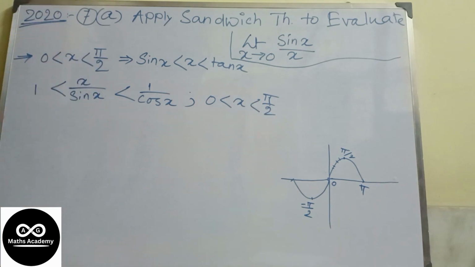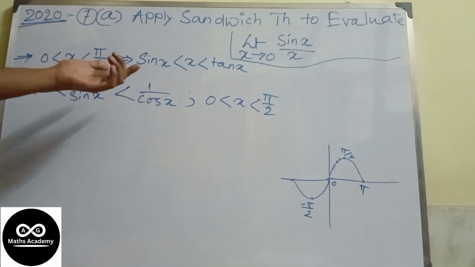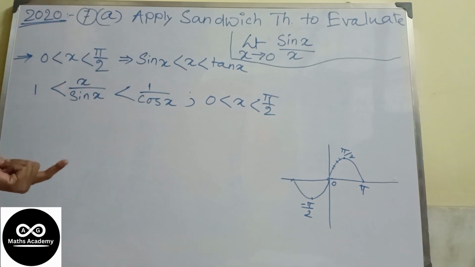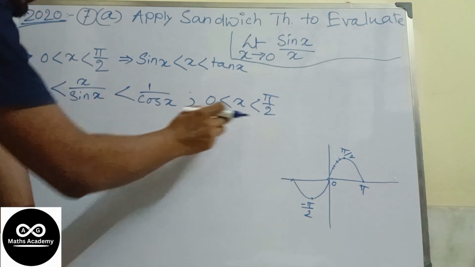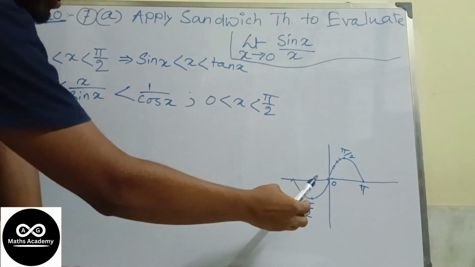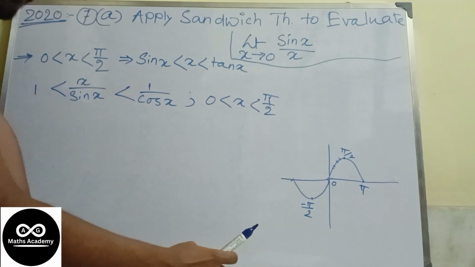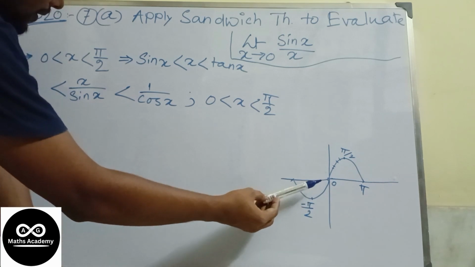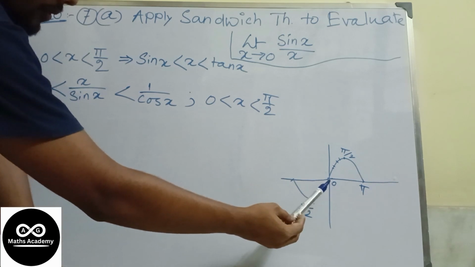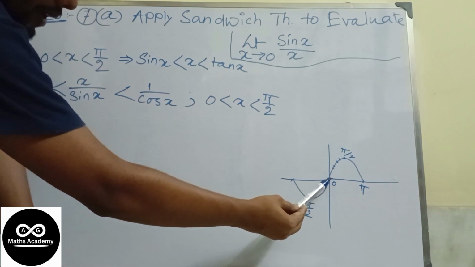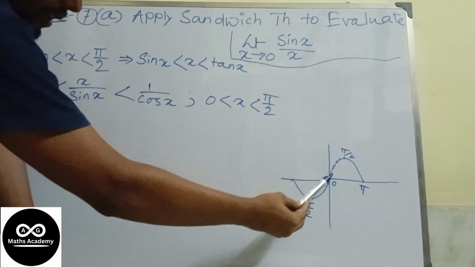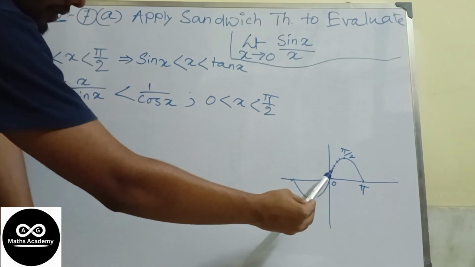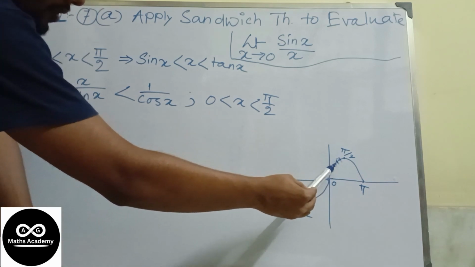Now watch carefully. I divided each term with sin x, where x is inside this region 0 and pi by 2. Now you can see the graph here of sin x. For every value between 0 and pi by 2, the value of sin x is positive.